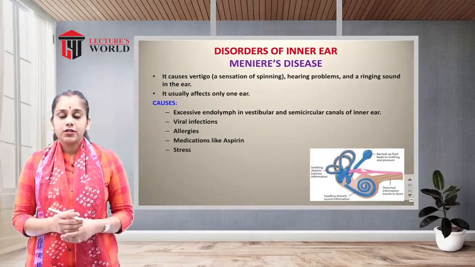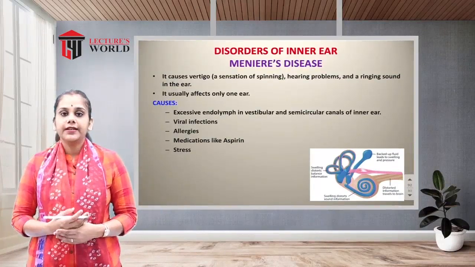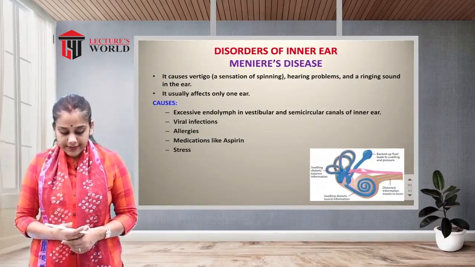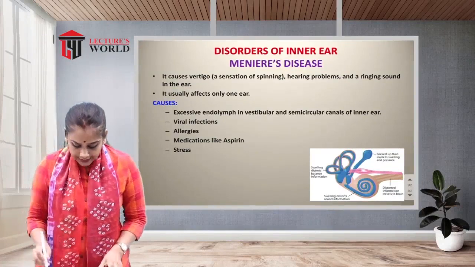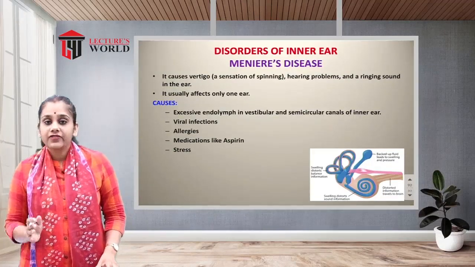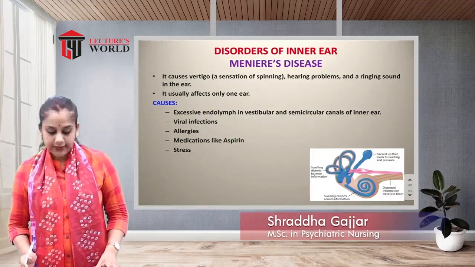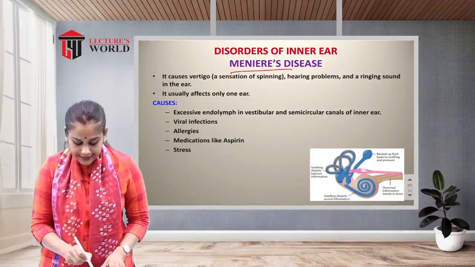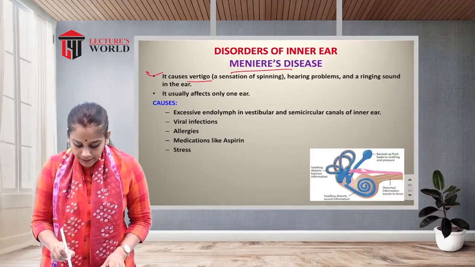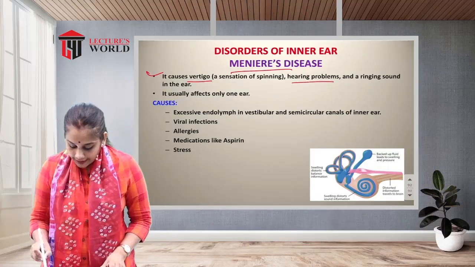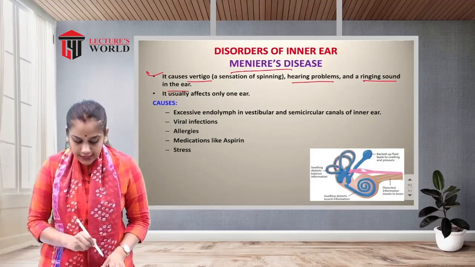Now, another disorder of the inner ear is Meniere's disease. What is Meniere's disease? There will be swelling as well as inflammation of the inner ear. It causes vertigo, hearing problems and a ringing sound in the ear.